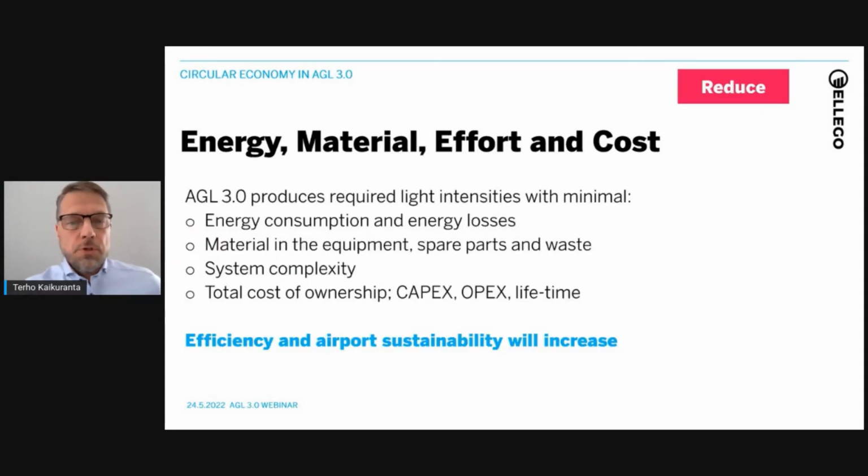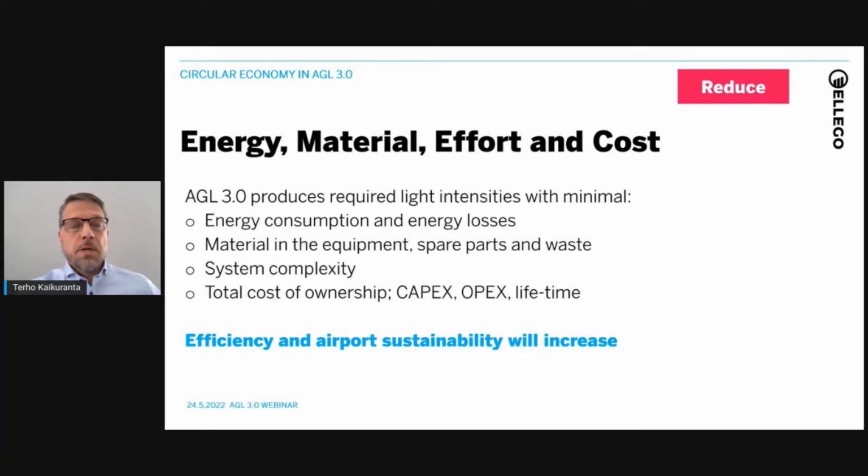So first, about the reduction. AGL 3.0 actually produces the required light intensities with a minimal amount of energy consumption and minimal energy losses. It needs a minimal amount of material in the equipment, spare parts, and eventually in waste.